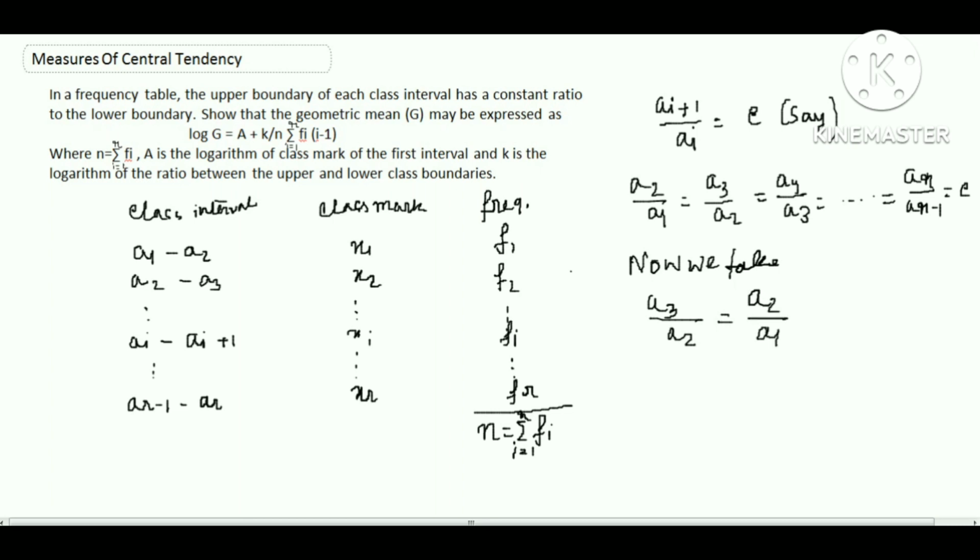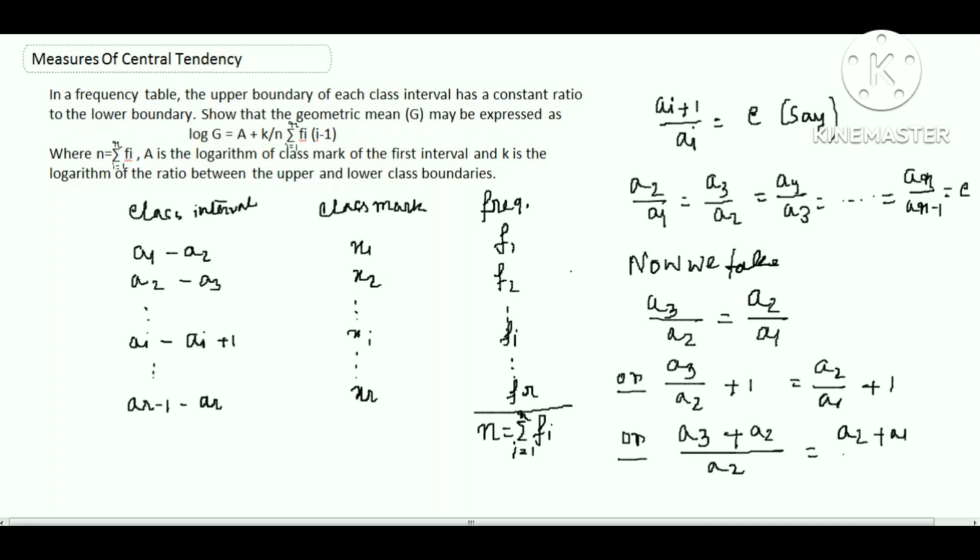Again, if we add 1 on both sides, then we have A3 divided by A2 plus 1 equals A2 divided by A1 plus 1. So we have (A3 plus A2) divided by A2 equals (A2 plus A1) divided by A1.